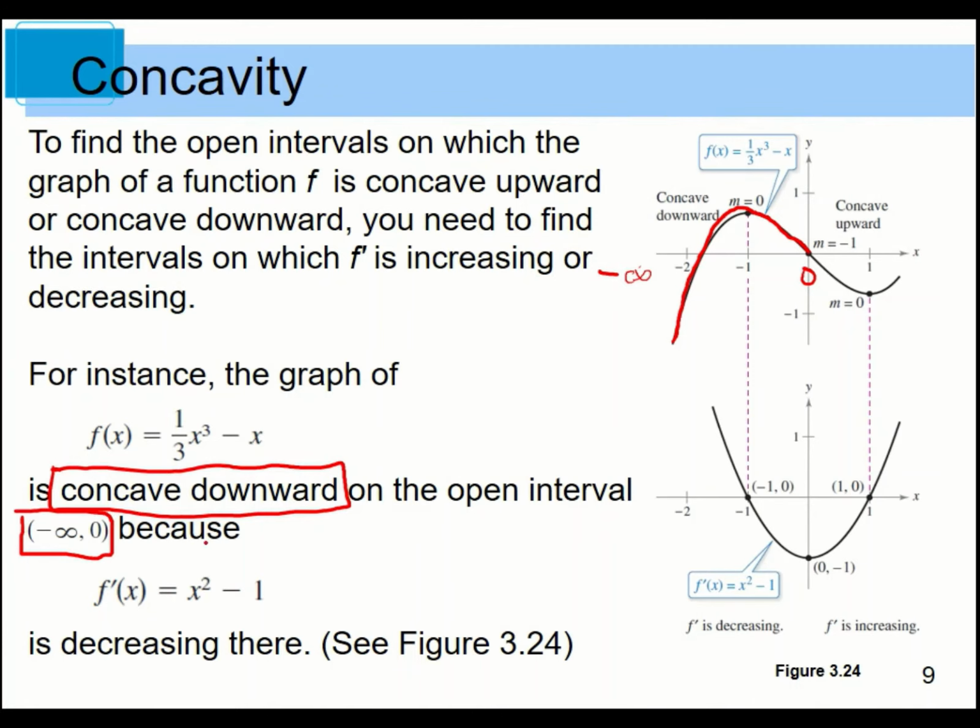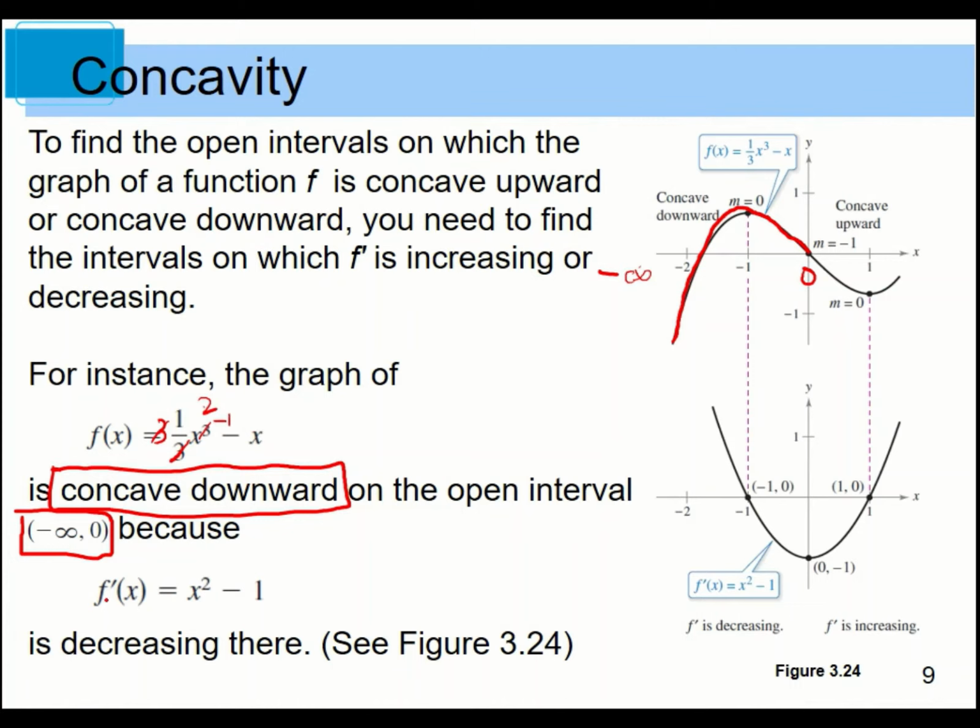Why? When we sketch the first derivative, we differentiate f. The 3 comes down, so multiplying 1/3 by 3 we have 1, and the power 3 minus 1 gives 2. So we have x squared minus, and differentiating x gives 1.